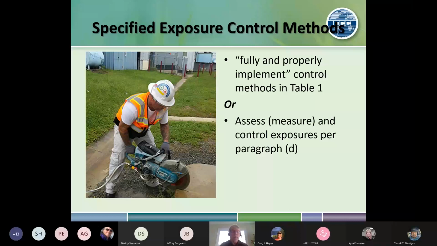Or if you don't want to implement table 1, then you have to actually measure and control the exposures per paragraph D. So that means you have to do personal exposure monitoring and implement other engineering controls if you find that you're over the PEL. So you have 2 options there.